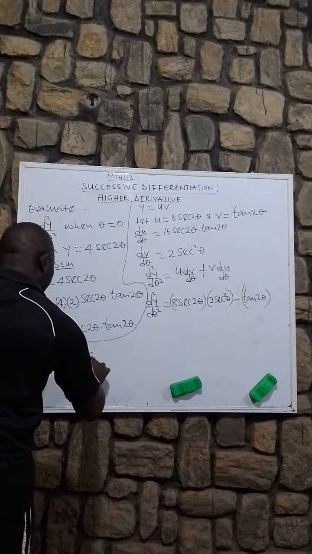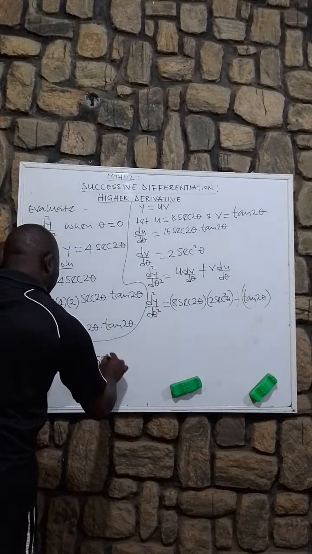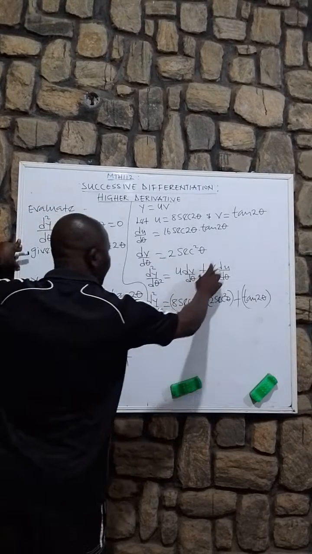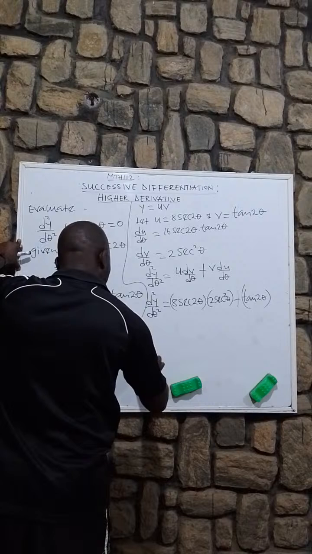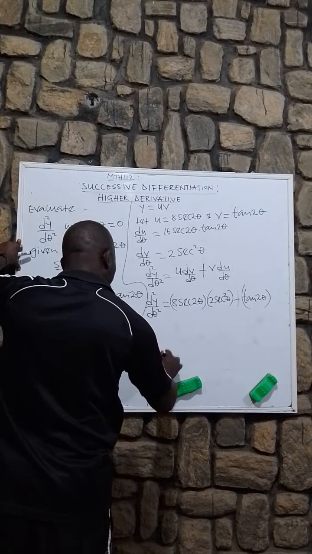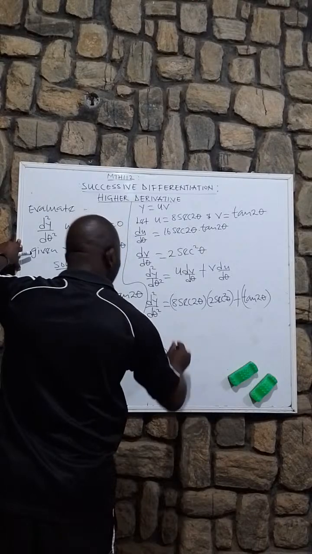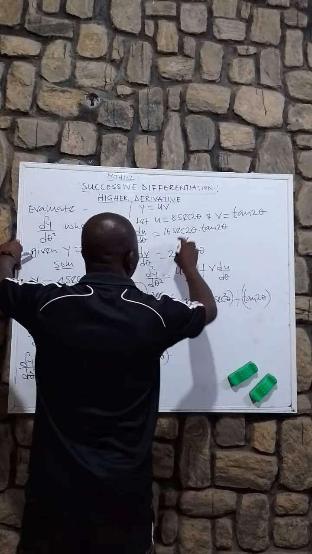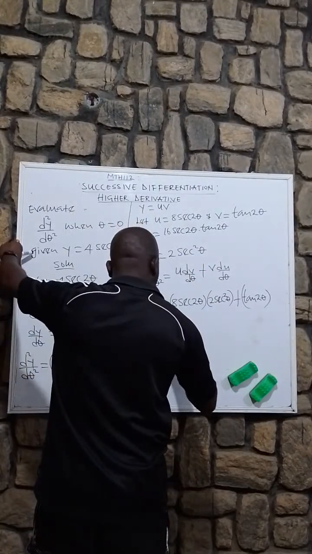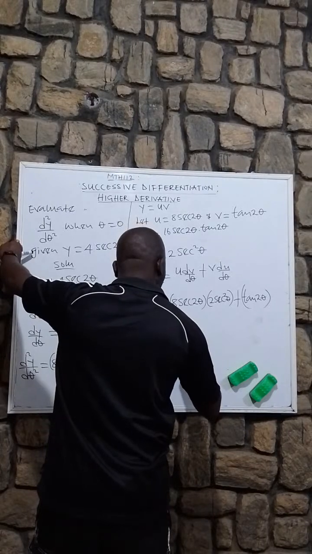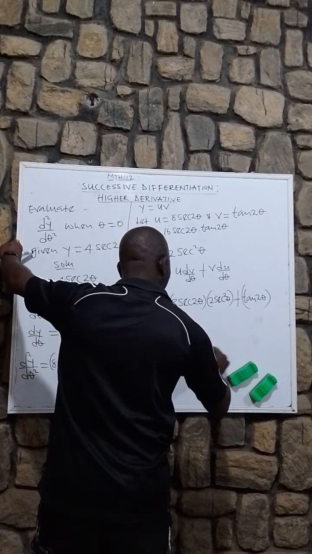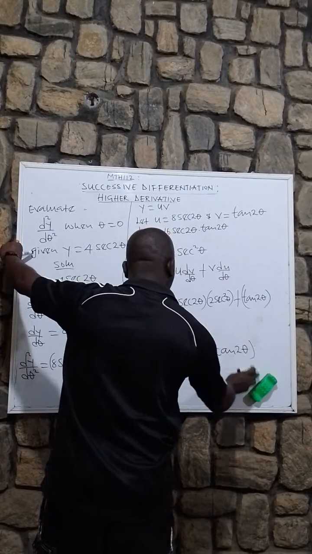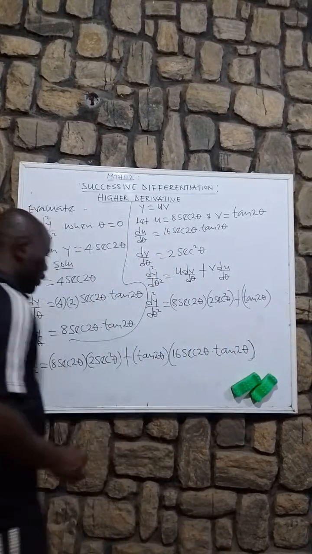Then here is 2 sec square theta, then plus ordinary v is tan 2 theta, then times du all over d theta is 16 sec 2 theta times tan 2 theta. Am I right?